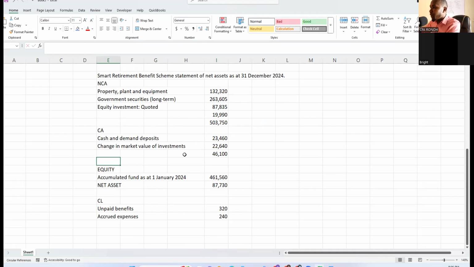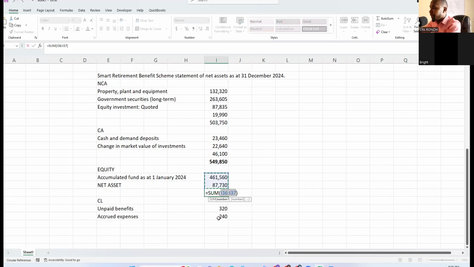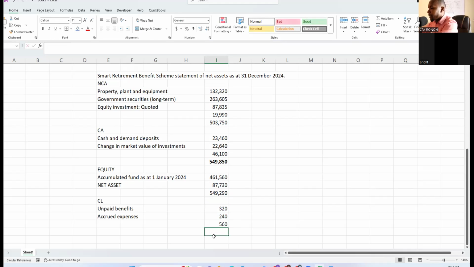We'll also need the total here, which will be this plus this, to give us that one. So that one is our total assets. And then we take the total liability, and then take the equity plus the liability, which will give us the same value as this. That was tested last sitting, 10 marks, which we only took 5 minutes to answer.